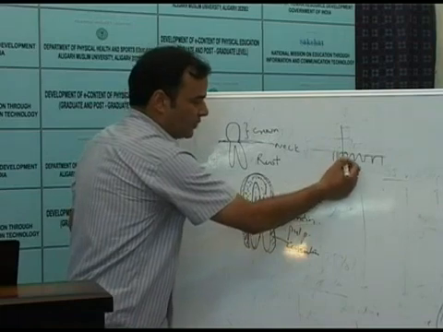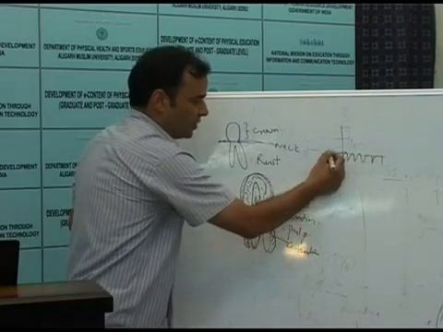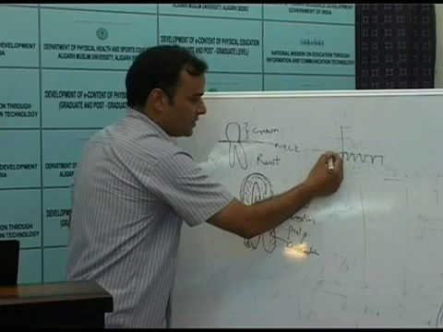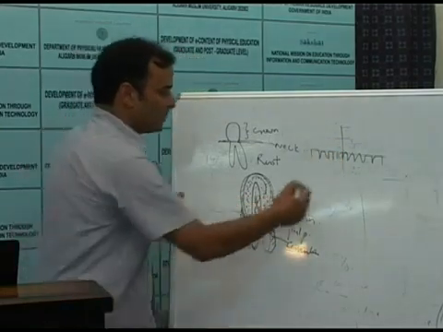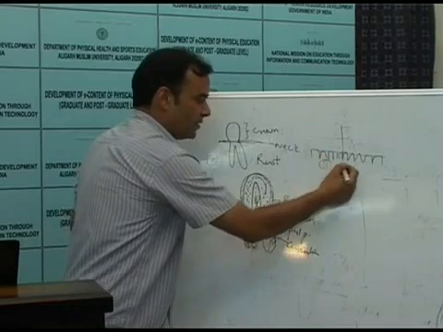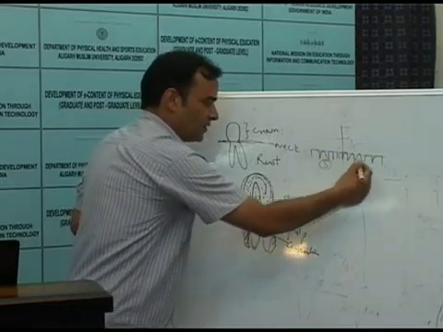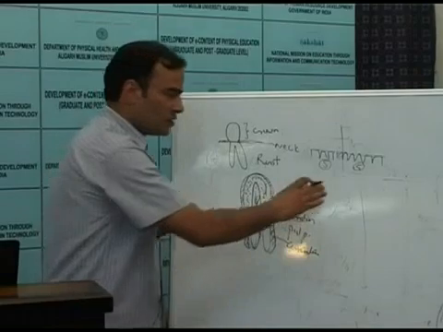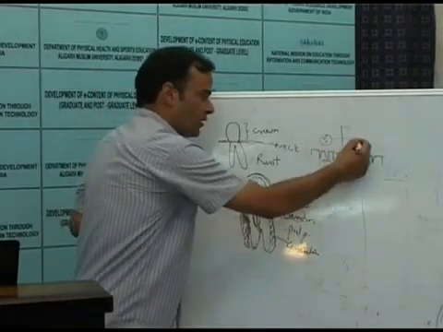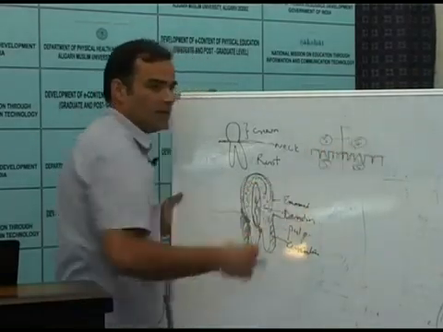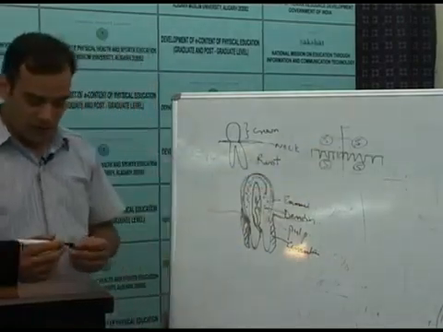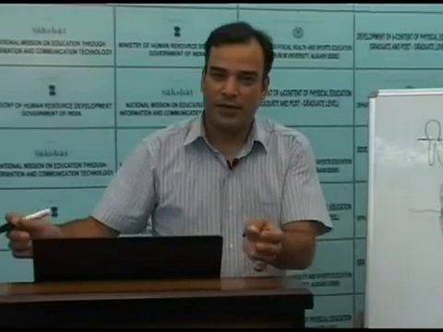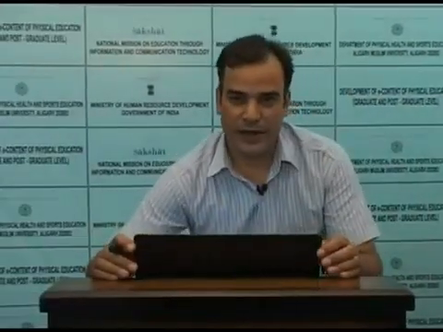Similarly, we will have the same number of teeth on this side: lateral incisor, canines, first premolar and second premolar. In this way, we will have 5 teeth on this side and 5 teeth on this side on the lower jaw. Similarly, 5 on the upper left and 5 on the upper right side. So the total number of teeth in the child, our primary milk teeth, is 20.